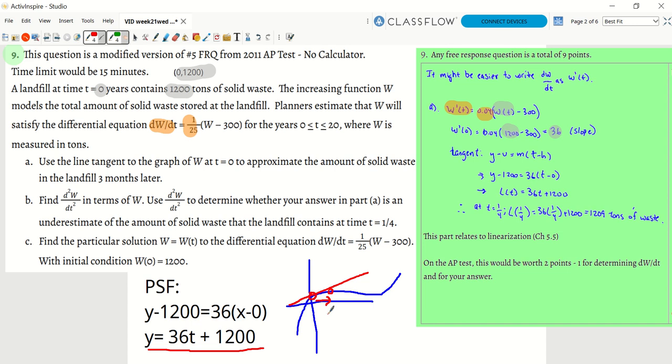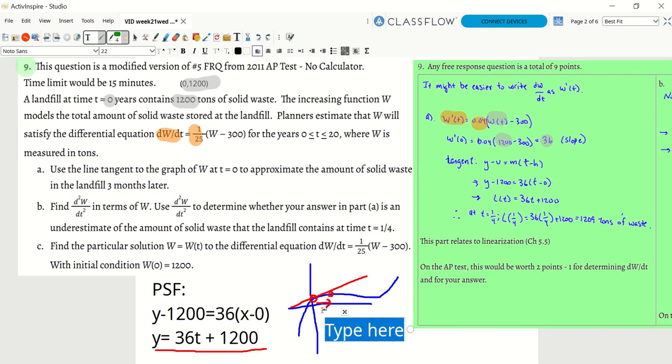Remember, 3 months later is the same thing as a quarter year, and because t is in years, we're going to need to use this conversion, a quarter year.